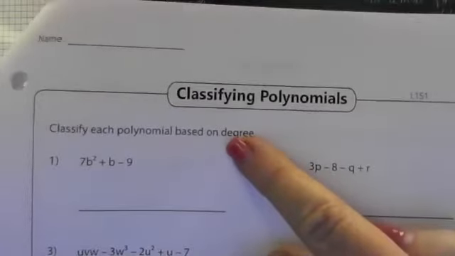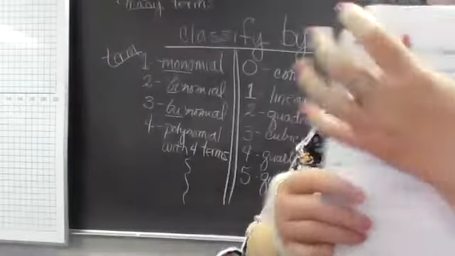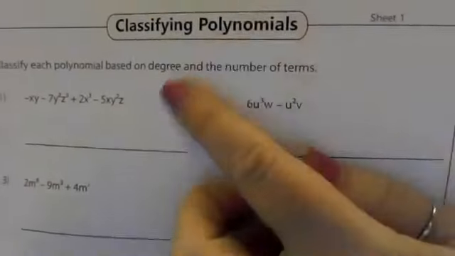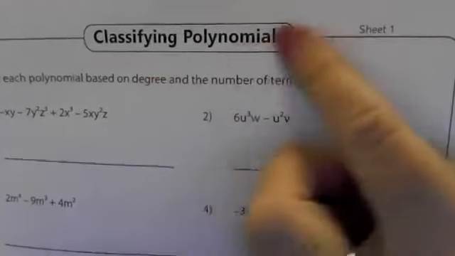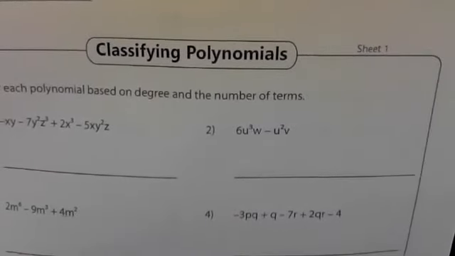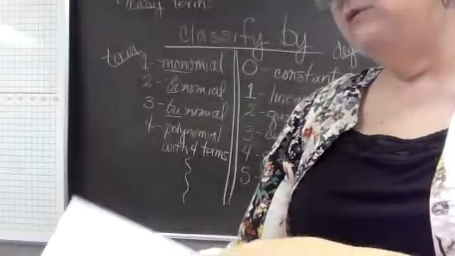Classify by degree. So you're going to use the degree list. Then I think the next one, yes, you give them both names. On the next page, which is page 9, it says based on degree and terms. So every one of these answers will have both names, the degree name and the term name on this page 9. And I think that's the last one.